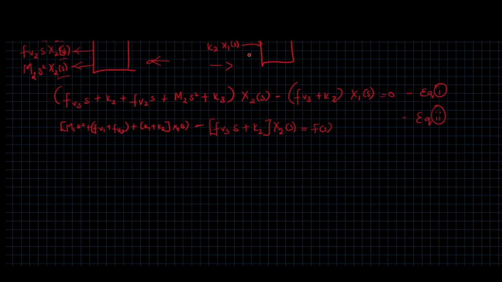So in order to make this easier, I'm going to group them. Let Z1 be equal to everything here. And we know the coefficient is this, so I don't need to write that. We'll write it at the end. And then I see this is actually a repeating factor, so we can just assign it to Z12, just so that you know it belongs to mass 1 and mass 2. FV3 S, don't worry, the signs will not be forgotten, plus K2.